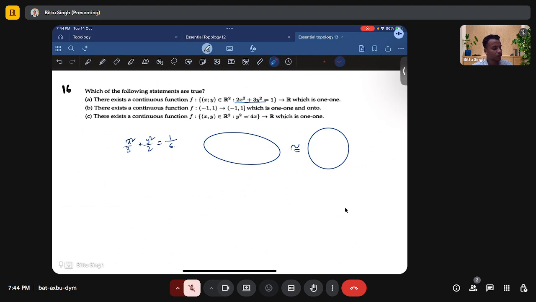But the idea is clear: this must be homeomorphic to this. So we need to see if there is a map from this ellipse to R which is 1-1. If there is, then we get a map from this circle to R, which is also a 1-1 map, right?